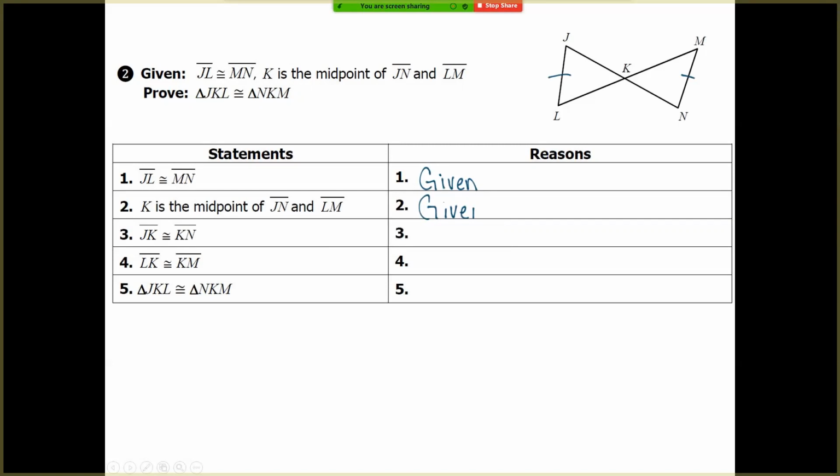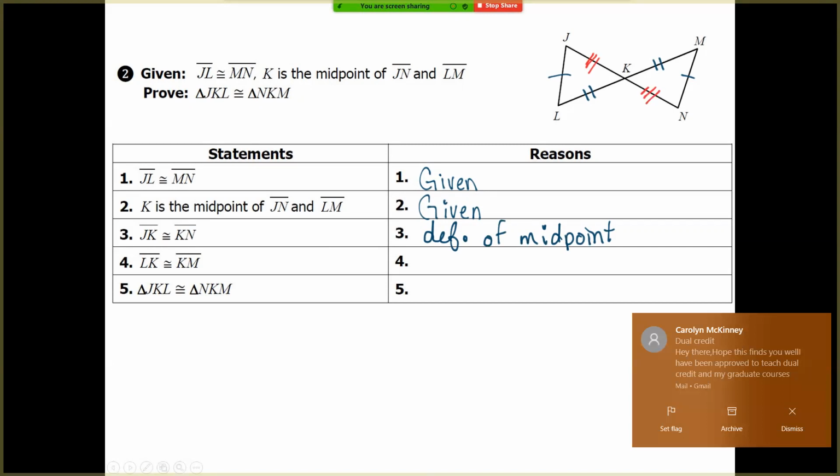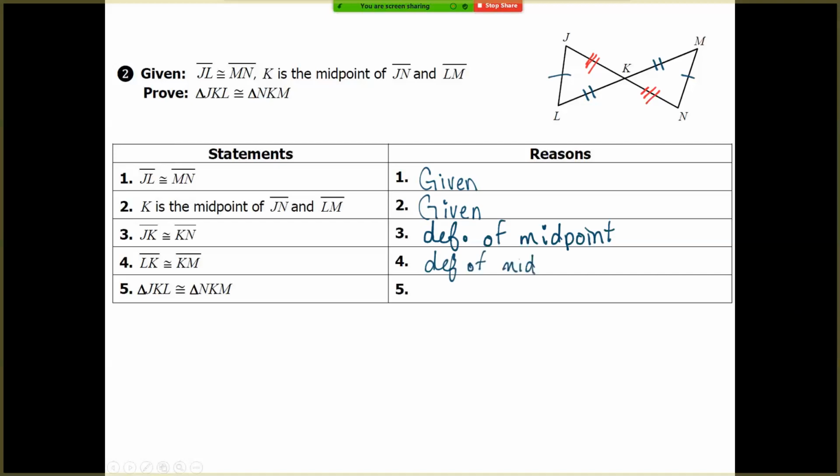So KL and MK are congruent to each other by the definition of a midpoint. And similarly, since K is also the midpoint of JN, then KJ and NK are also congruent. Again, by the definition of a midpoint. And again, we've proven that all 3 sides of one triangle have a corresponding side on the second triangle. So these two triangles are congruent by side, side, side.